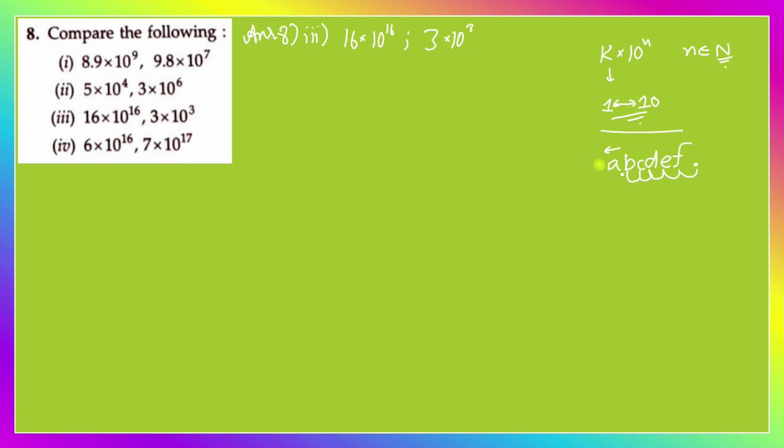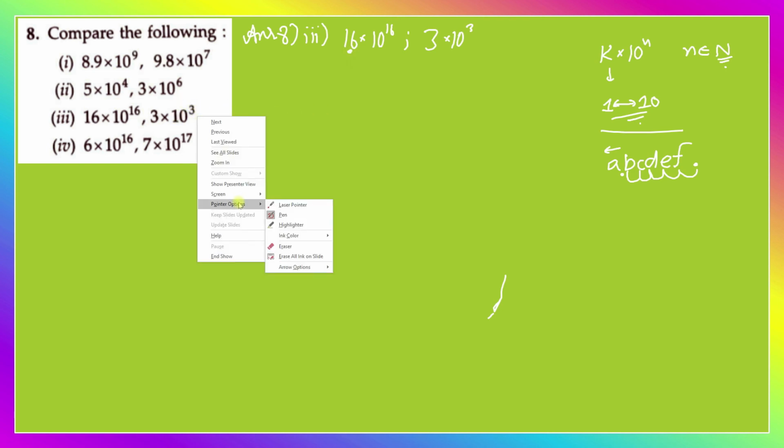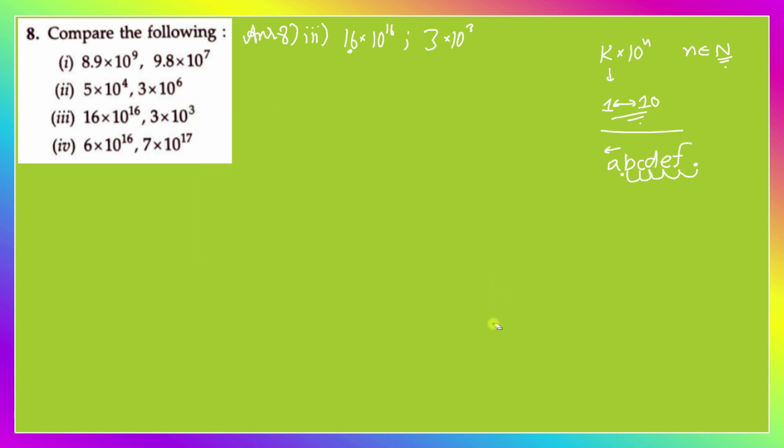So I can put a decimal point here, 1.6. This fulfills the condition, but the problem is that this makes the value of the number smaller. So to keep the value constant, I increase the exponent to 17. So we get 1.6 into 10 to the power 17 and 3 into 10 to the power 3.